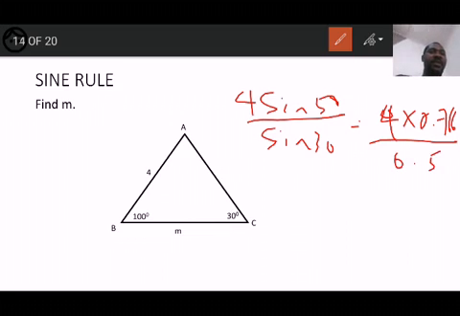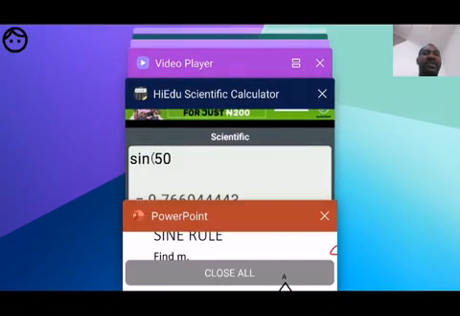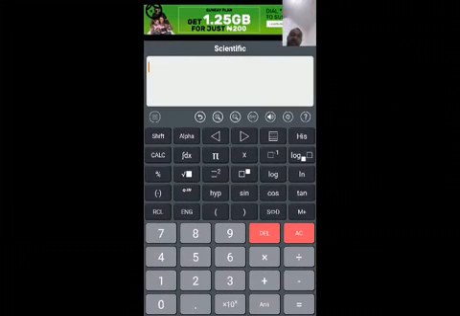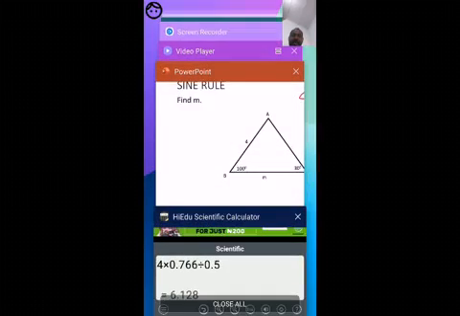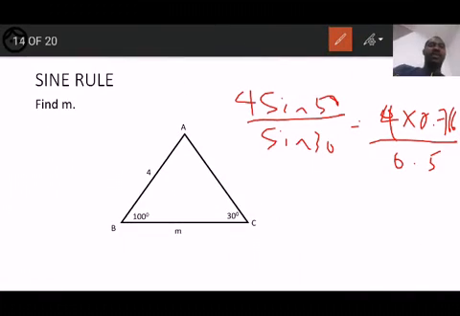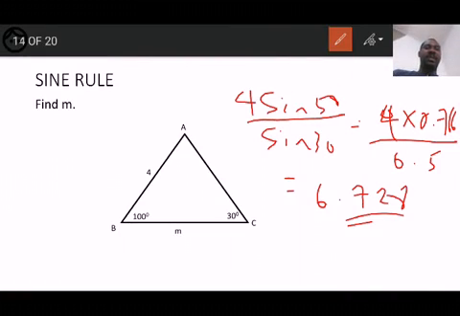So 4 times 0.766 divided by 0.5 will give us what? Let's do that quickly. That gives us 6.128 as our final answer. So we can come here now and say that our final answer is equal to 6.128. So that is it for sine rule.